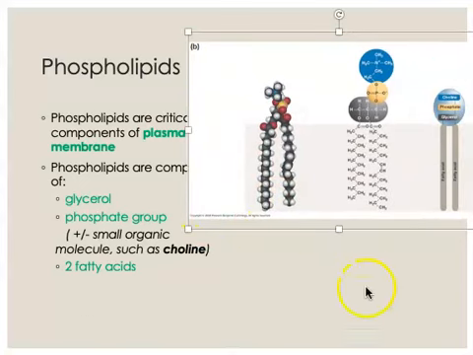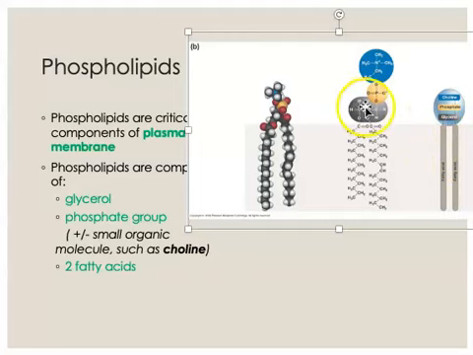If you look at these diagrams, and focus in the center first, we still see a glycerol molecule, a 3-carbon glycerol molecule, and we still see fatty acids attached to it. But this time there are only 2. There are only 2 instead of the 3 that we see in fat.